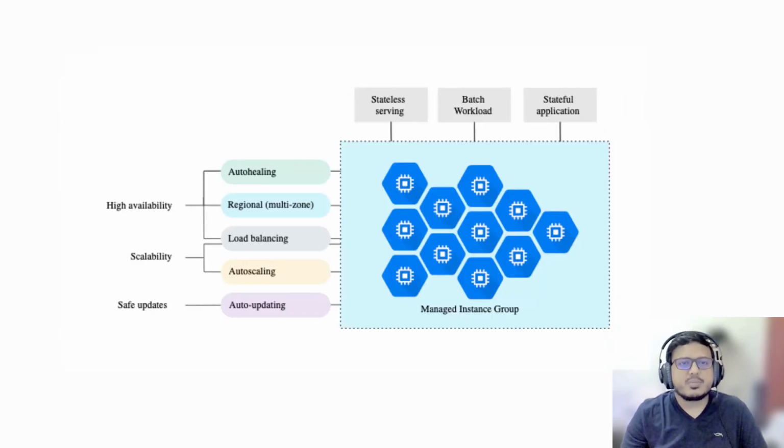Now let's talk about instance groups. Instance groups lets you treat a group of instances as a single unit, and they come in two flavors. One of them is called unmanaged instance group, which are formed by a heterogeneous group of instances that require individual configuration settings. And then there is a managed instance group, which is a preferred option when possible.